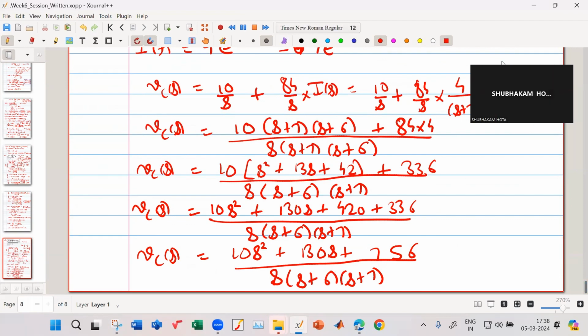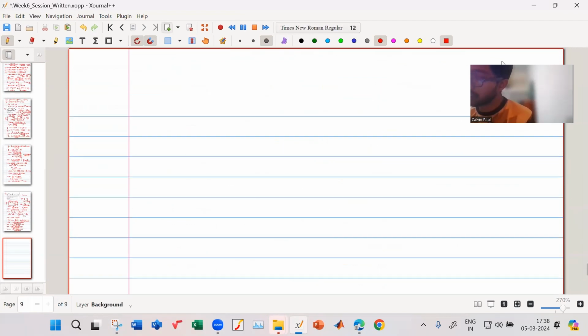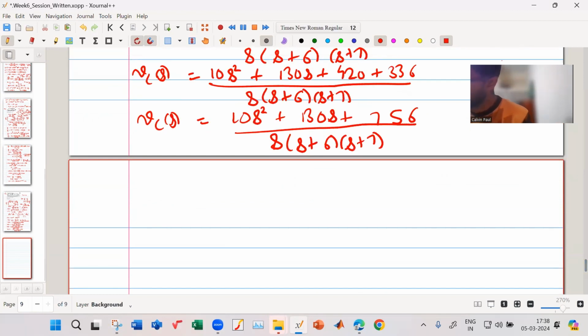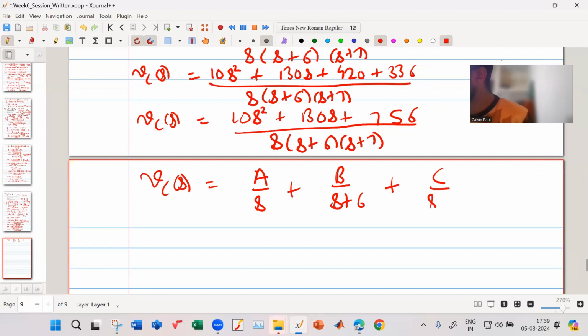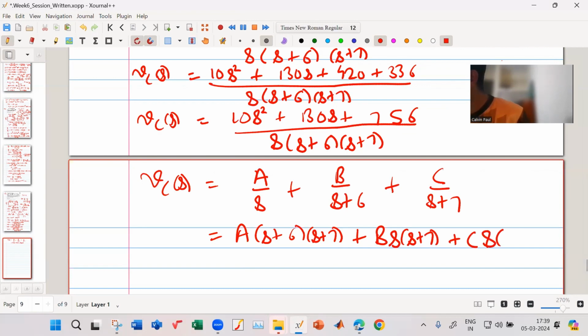So now I have to find the partial fraction of this. I will do partial fractions. I can write VC of S as A upon S plus B upon (S plus 6) plus C upon (S plus 7). So I write it down further as A into (S plus 6) into (S plus 7) plus B into S into (S plus 7) plus C into S into (S plus 6), divided by S into (S plus 6) into (S plus 7).